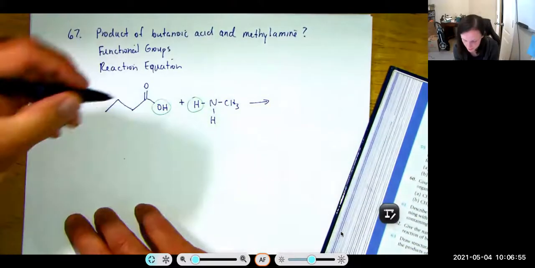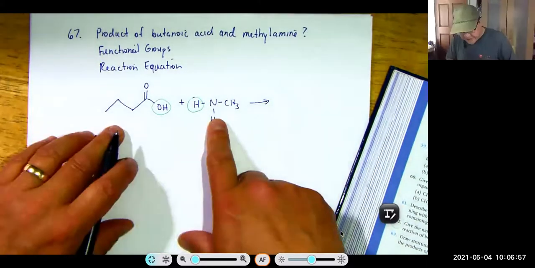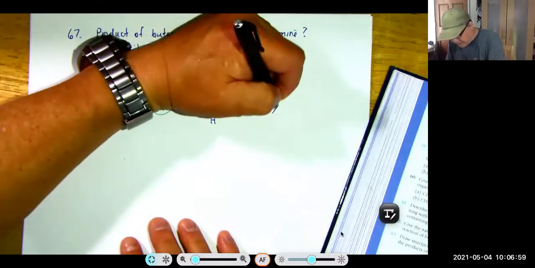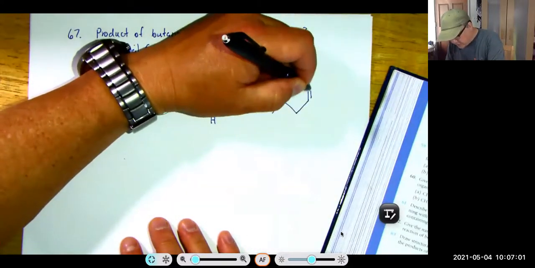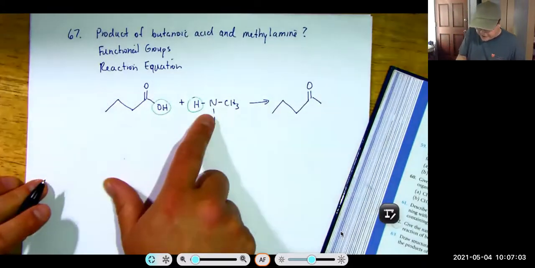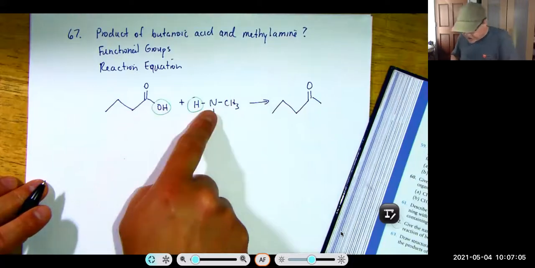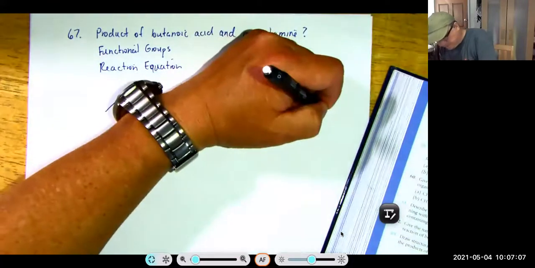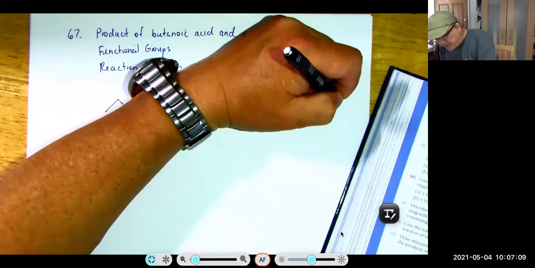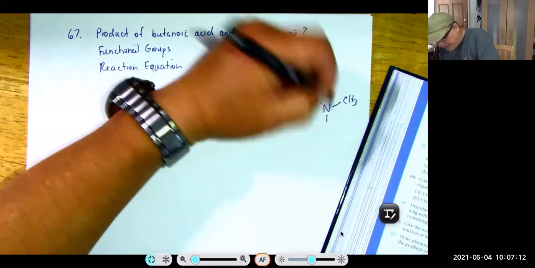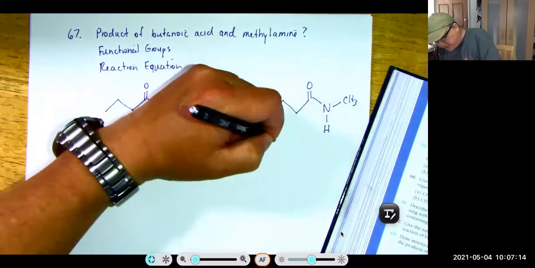The other 2 pieces you simply slide together. So here are the other 2 pieces, where we slide them together. So this is now going to bond to nitrogen. And I'm going to put the CH3 going up at an angle like that. And then H2O.